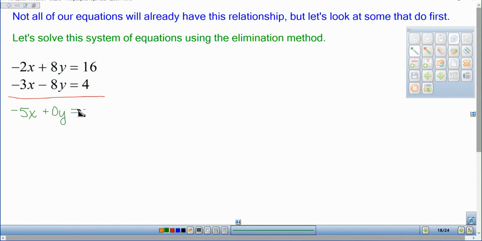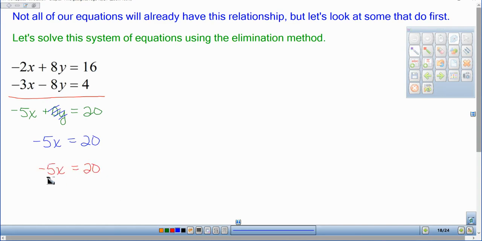If we add the 16 and the 4, we will get a 20. Now, because 0y is actually nothing, I have a new equation that just says negative 5x equals 20. And this is a simple one-step equation to solve.